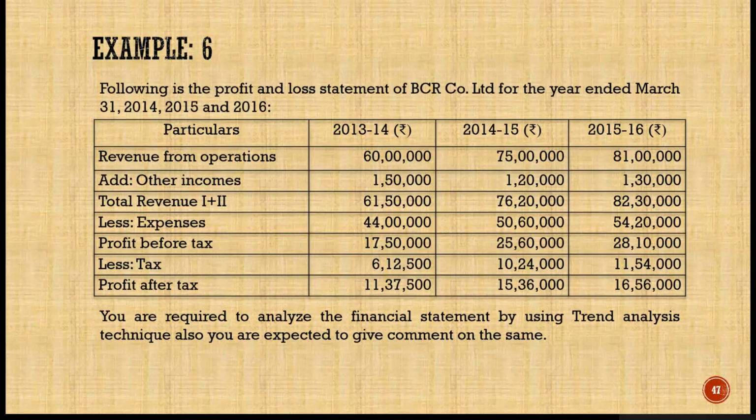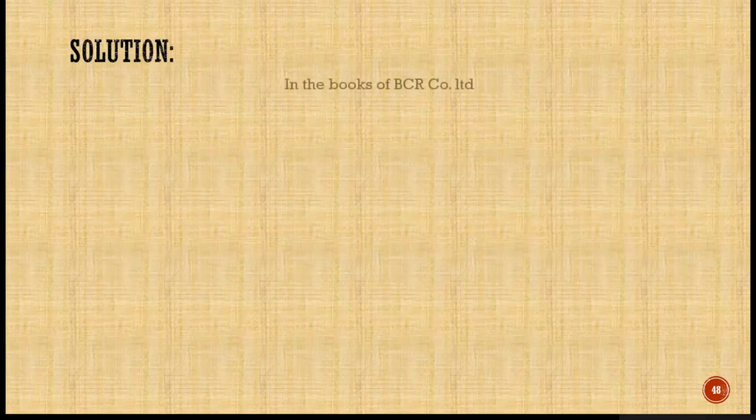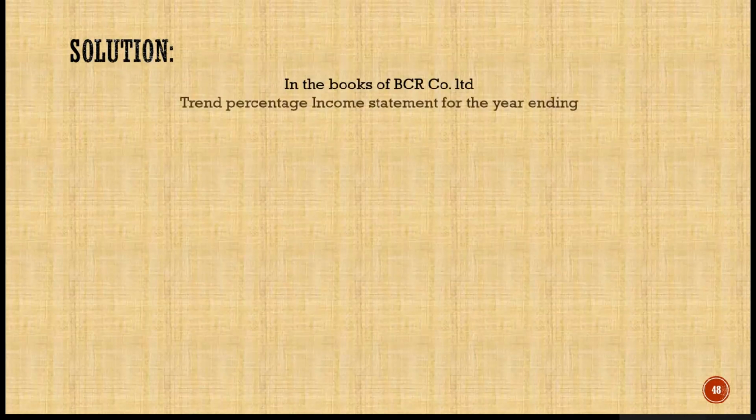Next is solution. Here we will start with writing: in the books of BCR Company Limited, trend percentage income statement for the year ending on 31st March 2014, 2015, and 2016.